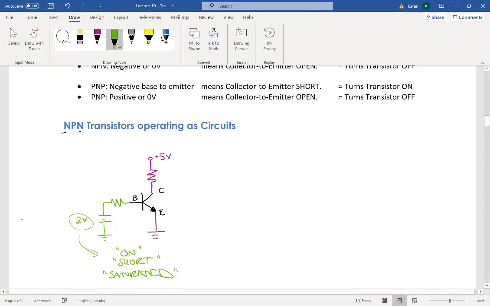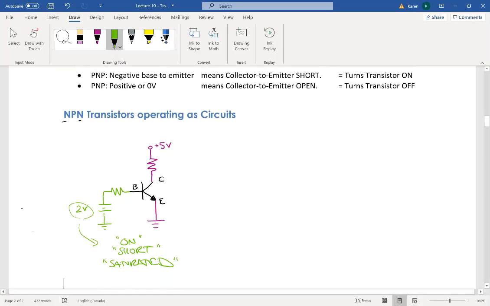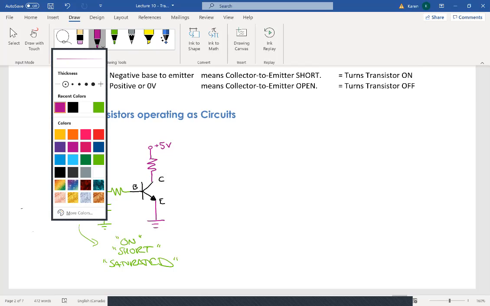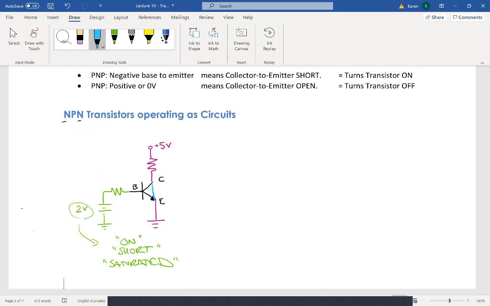So what does that give us because of this positive voltage? I'm thinking about how to make this as clear as possible. It means that the collector to emitter is shorted. So it basically means that everything else goes away and there is a short circuit here. So here's the short. That just means collector and emitter are joined together.